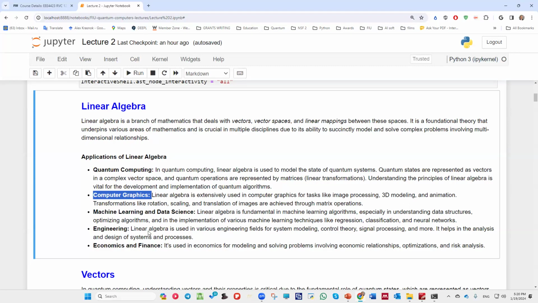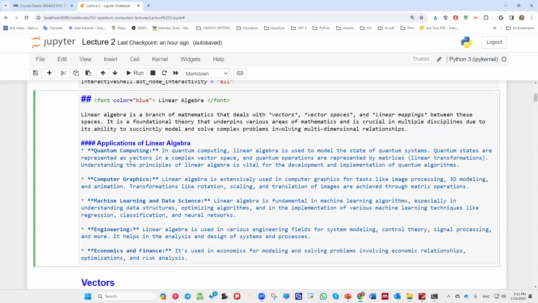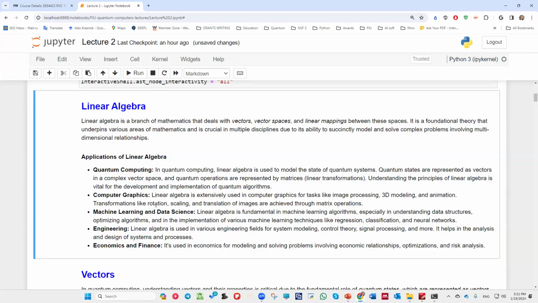Economics and finance, another example, and more recent, also very actively developing area is machine learning and data science. So all these areas rely on linear algebra.